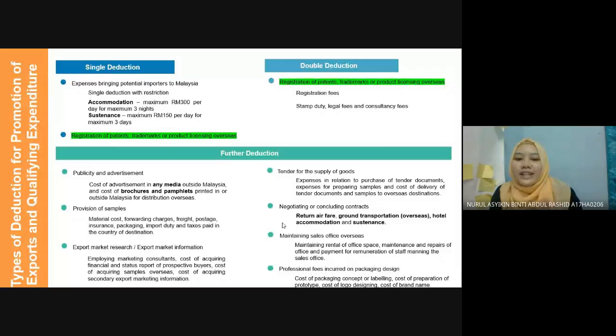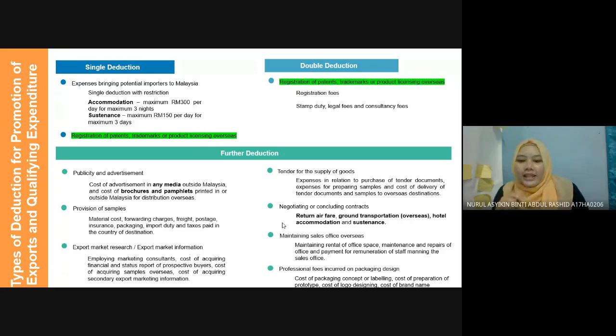And then negotiating or concluding contract is also a further deduction with restriction, which is return airfare, for economic class, and then ground transportation overseas. For the hotel accommodation, it's 300 per day, and sustenance is maximum 150 per day.